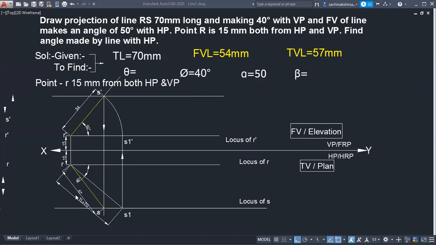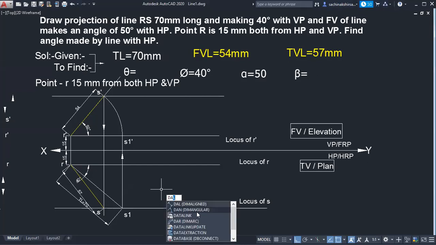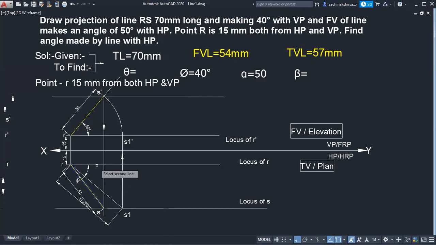Yes, sir. Once again, I will check. So how much is it? The angle between this and this is 53. It is exactly coming 53. So accuracy is required. Still accuracy is required. I will write degree.